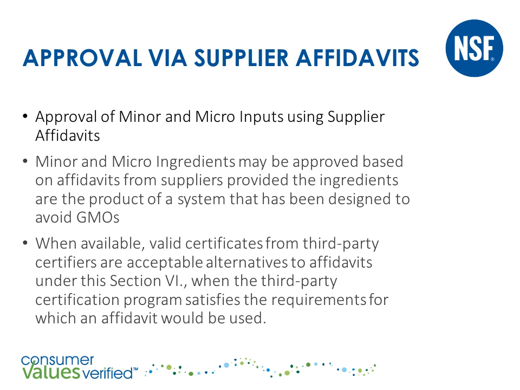In cases where GMO analytical certificates or traceability linked to analytical certificates of the raw precursor material is not available, Non-GMO Project compliance status of minor and micro ingredients can be verified based on affidavits from suppliers as long as these ingredients are the product of a system that has been designed to avoid GMOs. So those might be your identity preservation systems.